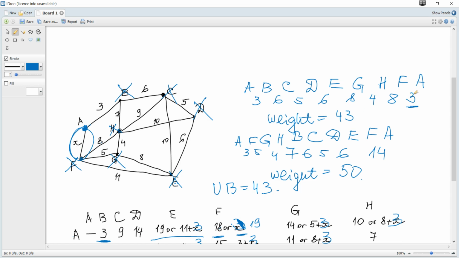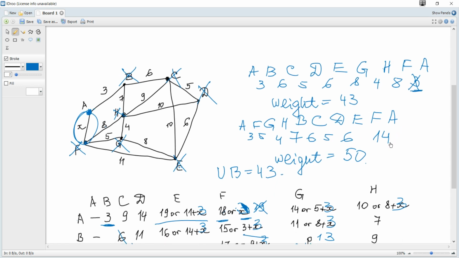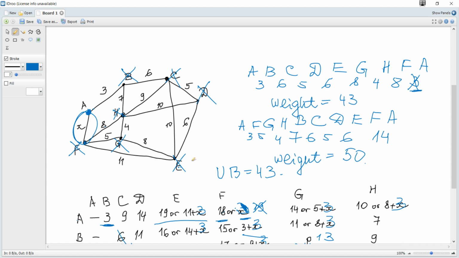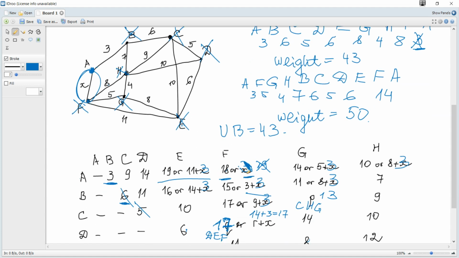Now it's not 3, it's 19, and to move from F to A we should choose not x, which is now 19, we should choose this 18.